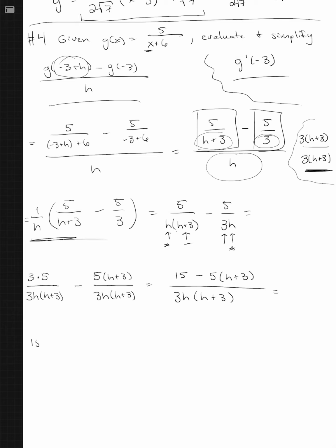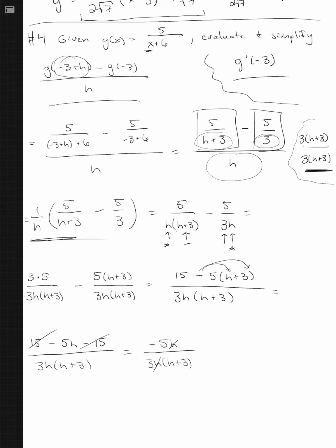So we need to multiply that -5 through. We get minus 5h minus 3 times 5 all over 3h, h plus 3. 15 and minus 15 cancel each other out, so we've got -5h over 3h, h plus 3.